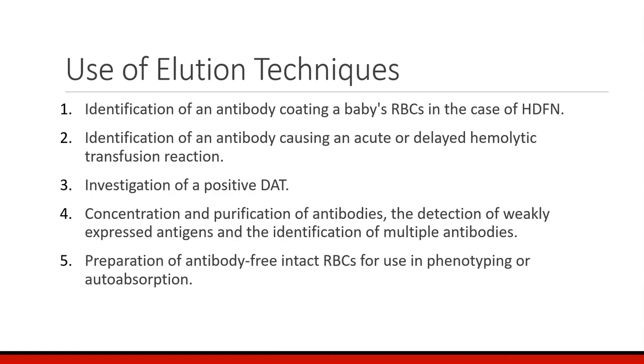And then this goes into manufacturing, concentration and purification of antibodies, the detection of weakly expressed antigens, and the identification of multiple antibodies. And then lastly, the preparation of antibody-free intact red cells for use in phenotyping or autoabsorption.